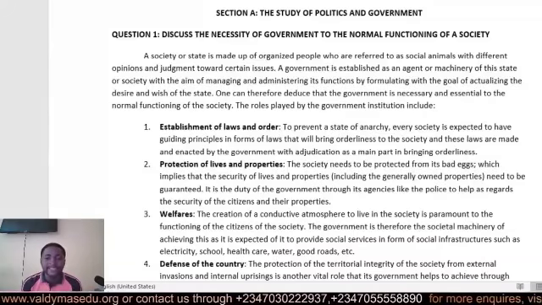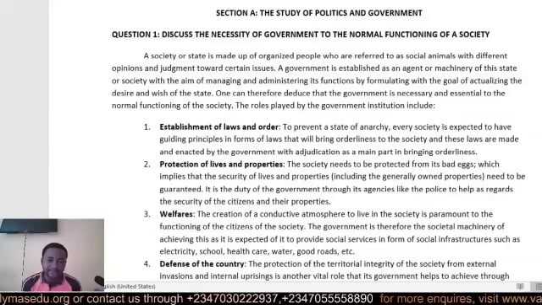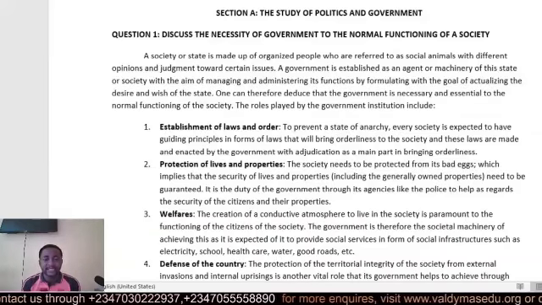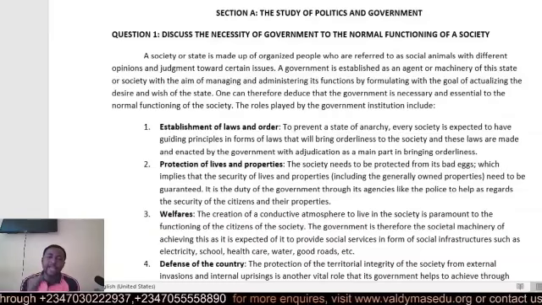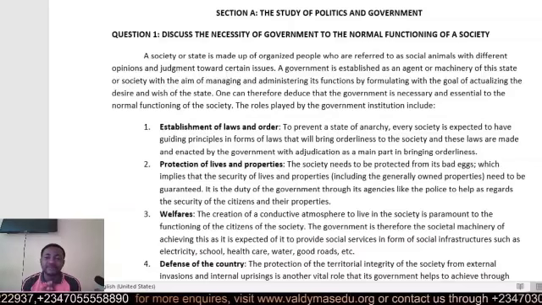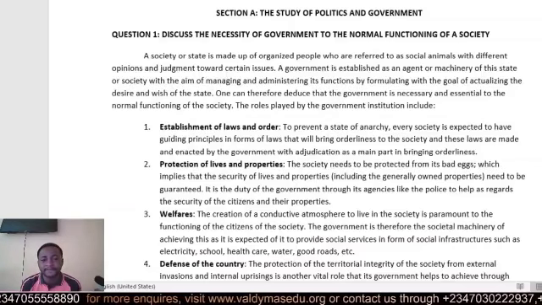A government is established as an agent or a machinery of the state in order to help the state in managing and administering its functions.